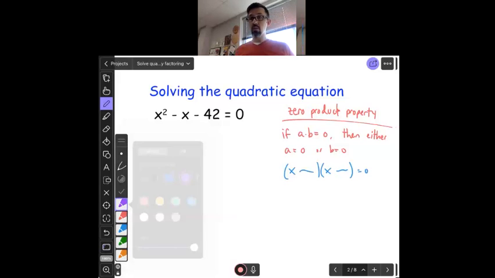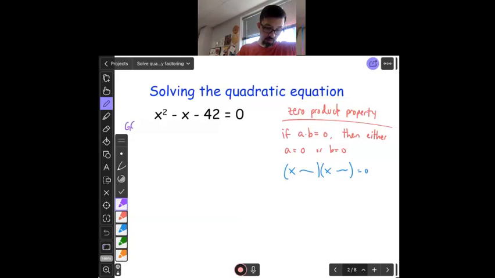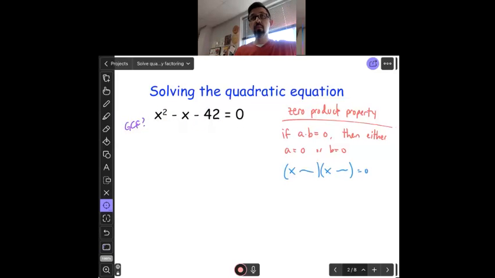And so what's our type of factoring that we always start with? What type of factoring do we always start with? All right, Brooklyn, GCF, okay? So Brooklyn, do these terms have anything in common? Yeah, no, right?